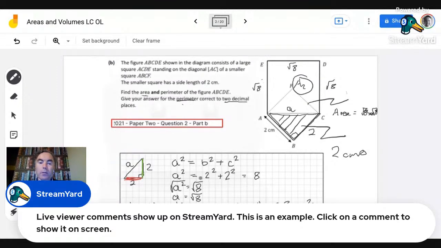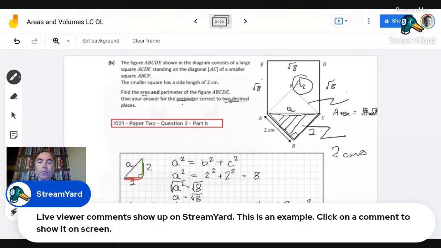So P is equal to, we have 1, 2, 3 sides, and that will give 3 multiplied by the square root of 8 plus the 2s on the triangle. That'll be 2 2s, which is 4. So it'll be 3 square root 8 plus 4. If we put that into our calculator, we will get 12.485.